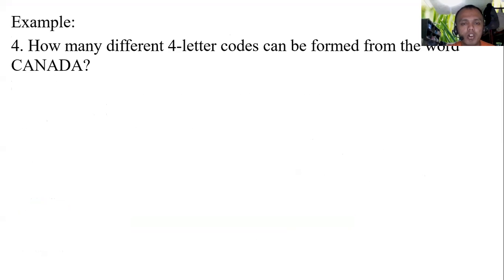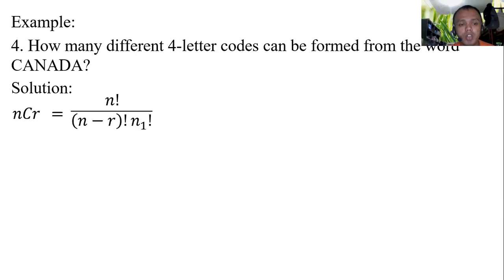Next, how many different 4-letter codes can be formed from the word Canada? Even though the word codes is there, it says different, so we remove the ones that are the same. The order no longer matters, so it is still a combination, because some codes are similar and differ only in arrangement. Since we are selecting 4 letters out of 6 letters from the word Canada, we have nCr equal to n factorial over n minus r factorial times n sub 1 factorial.